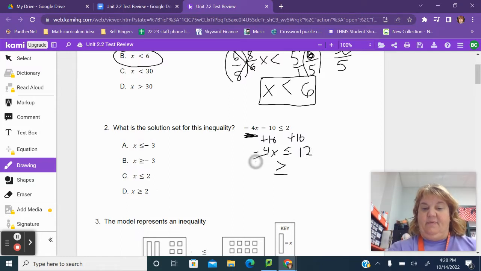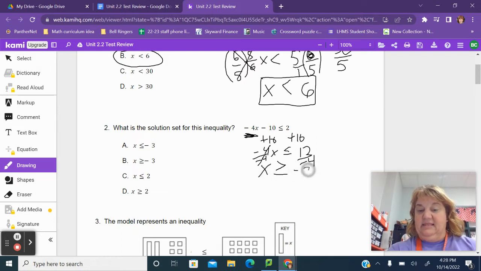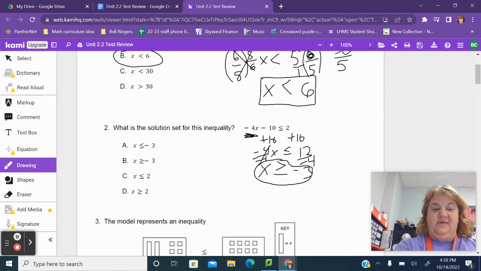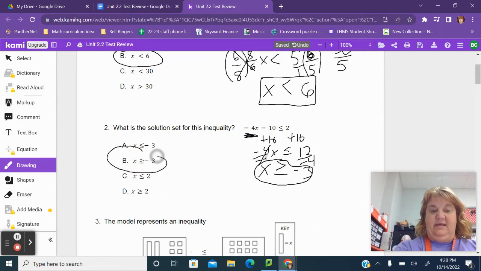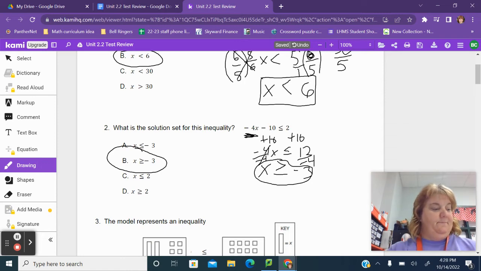And then I divide by negative 4. See, I'm dividing by a negative. So I divide by negative 4 on this side. x is greater than negative 3. So B is my answer.